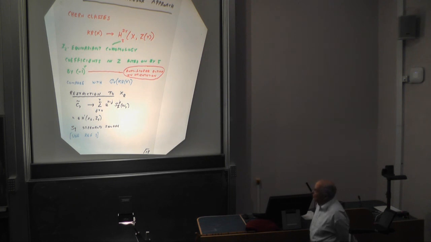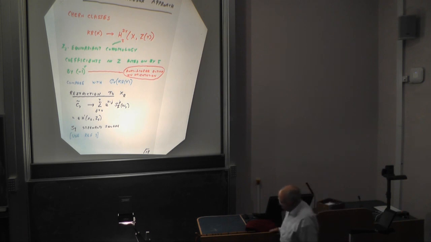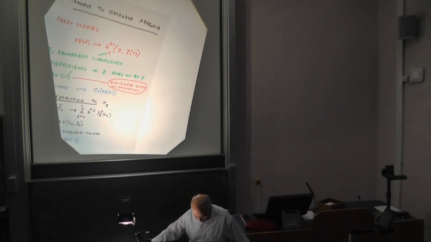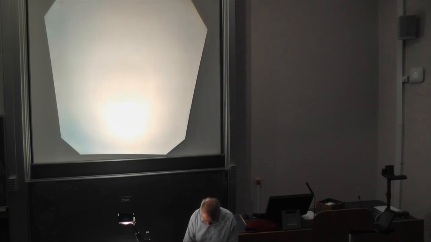So the restriction isn't really a genuine map of cohomology classes, but if you combine it with the cohomology coming from the group of order 2, then you call the generator U, there's a nice formula that tells you these Chern classes restrict to something like the Stiefel-Whitney class W, together with the Steenrod square operation. Now, I'm not going to go into that. Those of you who know about Steenrod squares will see this is a nice formula, and you can use one of my papers as a reference to see how to get to it.